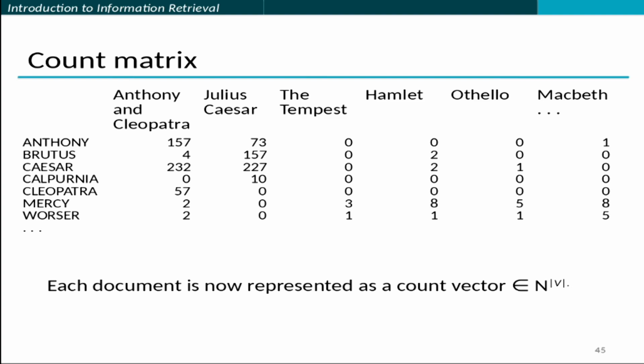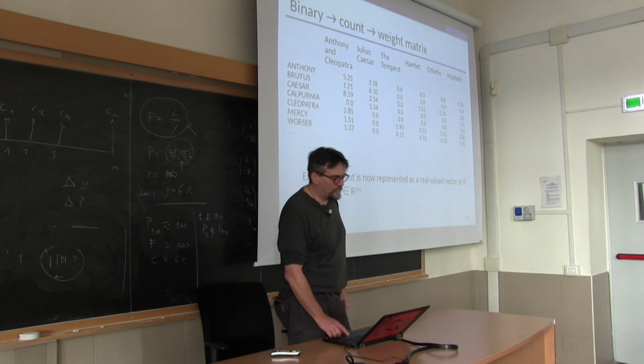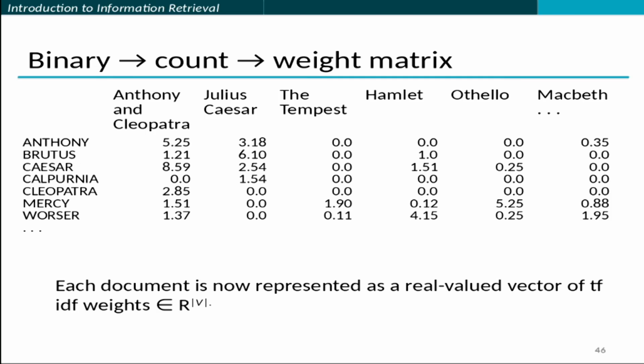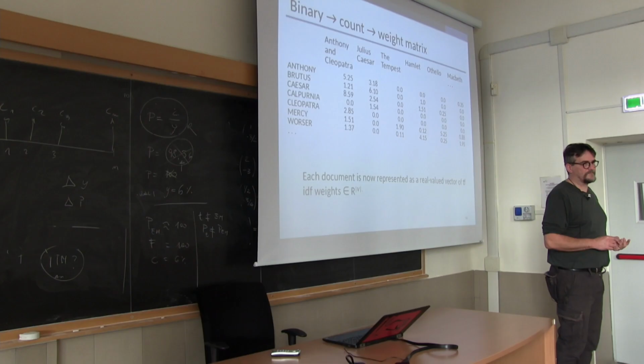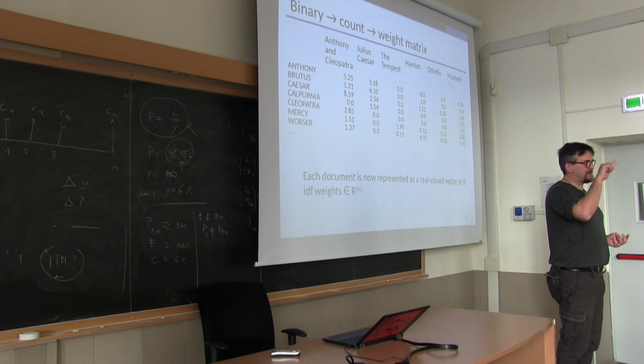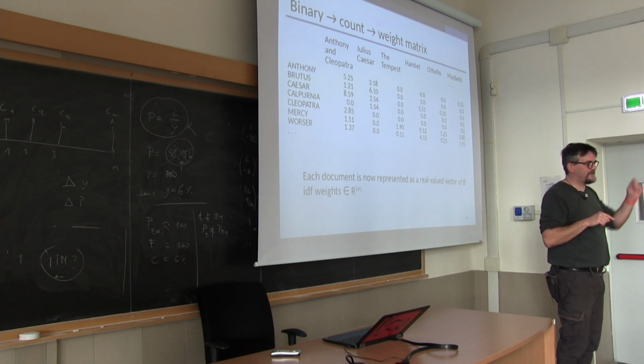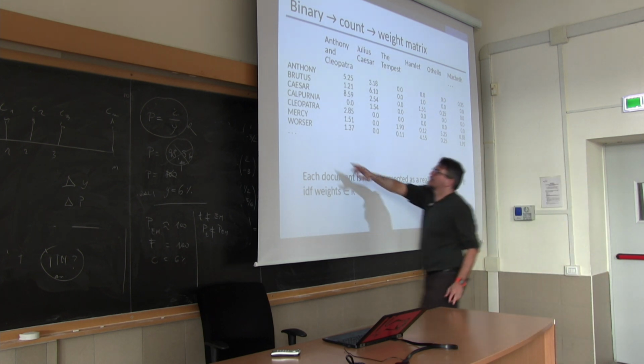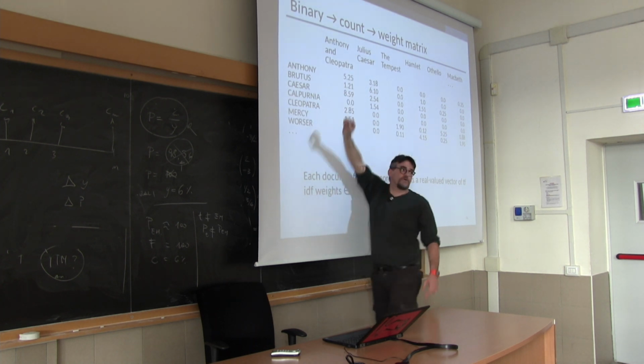But now we will have a weighted matrix in which for each term we will have a weight, and this weight we now know is the tf-idf. Okay? So, it is the W of T and D, where T is the term, and D is the document.